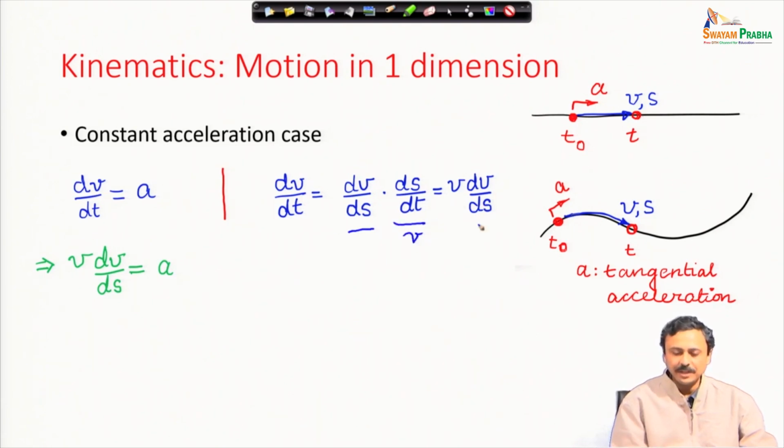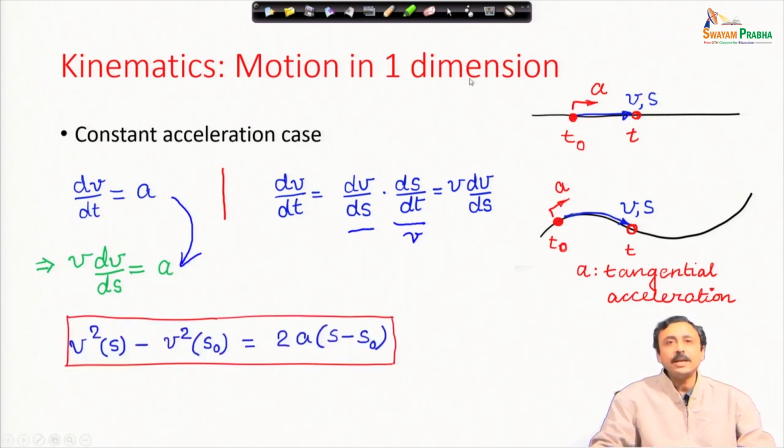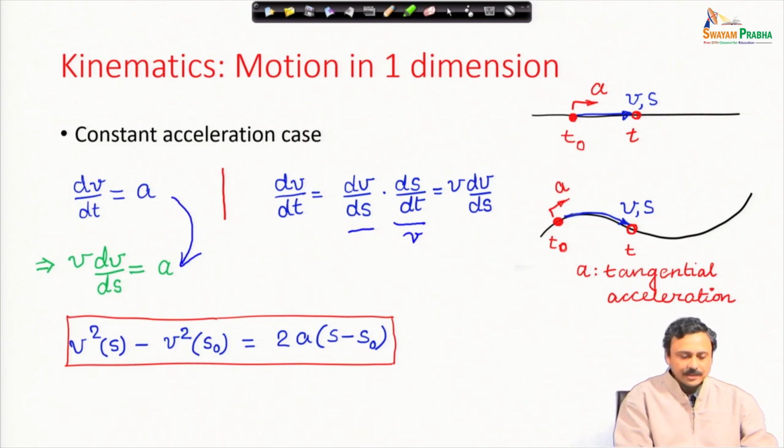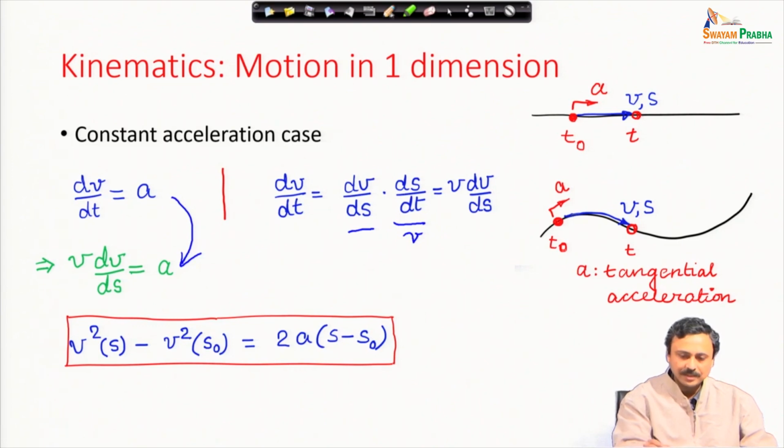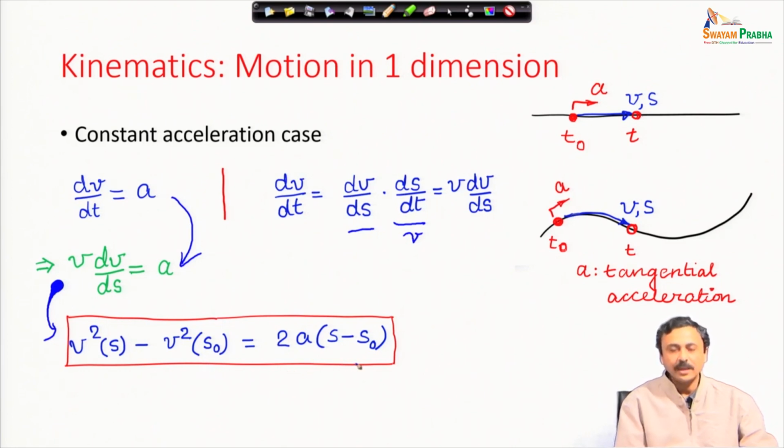Therefore, this becomes v dv/ds, and therefore, our acceleration can be written as v dv/ds. Now, because acceleration is a constant, I can integrate this equation, and obtain v squared at s minus v squared at s0, which is the initial velocity at location s0, is equal to 2a times (s minus s0). This is a straightforward integration, and you have seen this before.